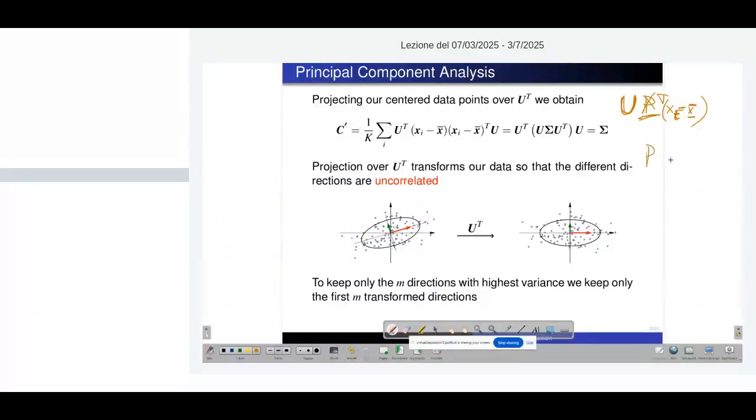Remember that P contains the first M columns of U. So now let's consider using all the columns of U.